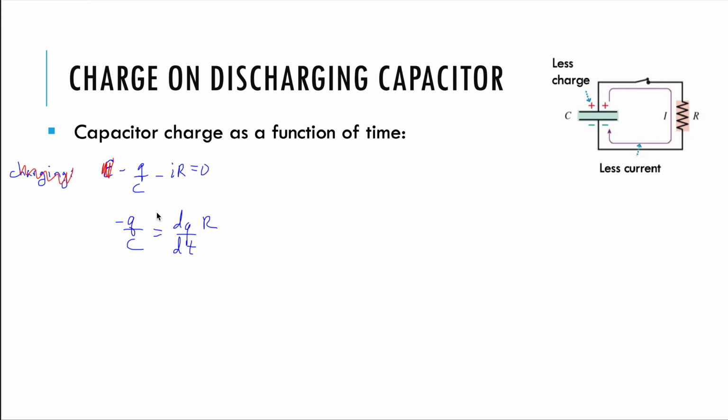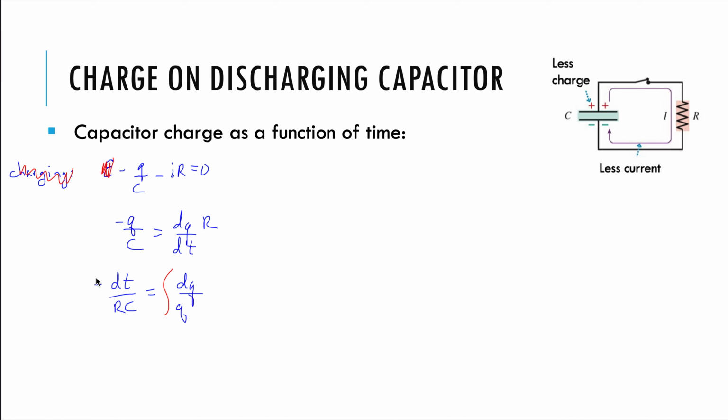Let's go ahead and divide by R, divide by Q, and get dt to the other side. So we're going to have dt, we're dividing by R here, so R over RC, and we can keep the negative here. And then we're going to divide both sides by Q as well, so we're going to get dq over Q. And now we are ready to integrate to get the Q by itself here.